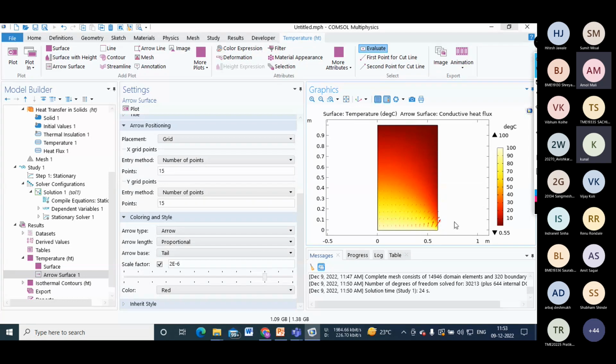At that portion what will happen is convection is occurring, right? Because those two sides are exposed to the environment. Okay, so you can see the isothermal contours also.